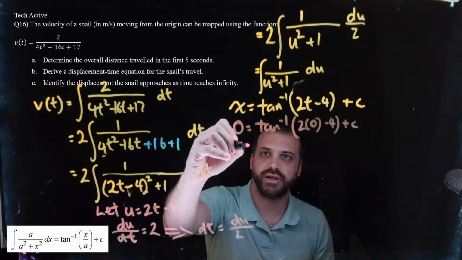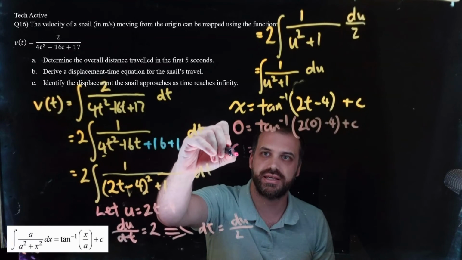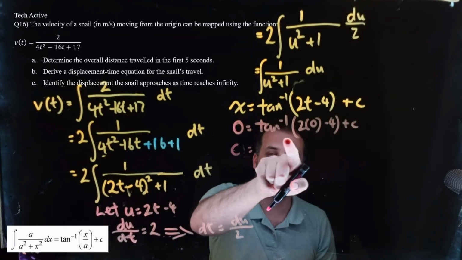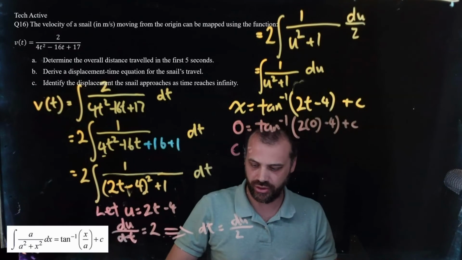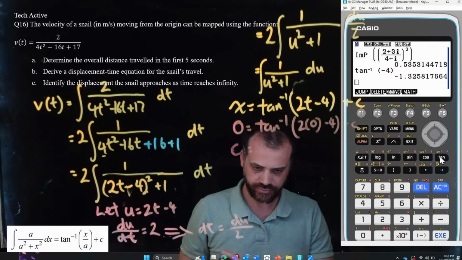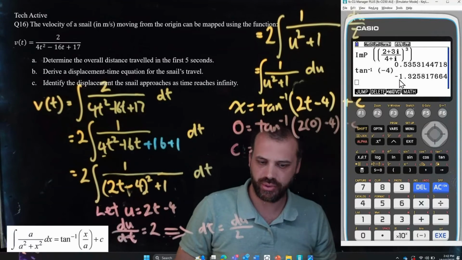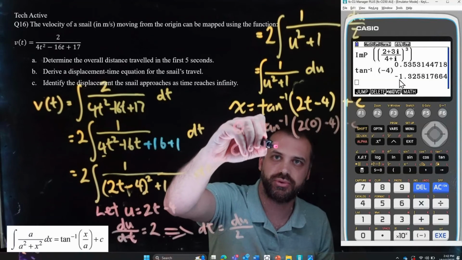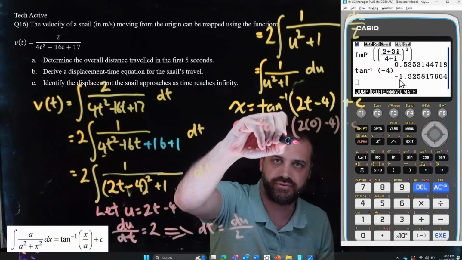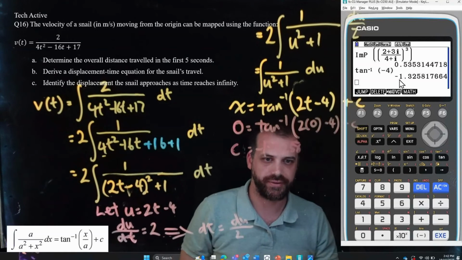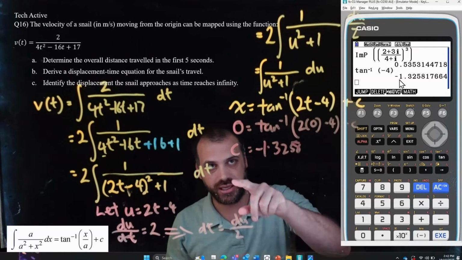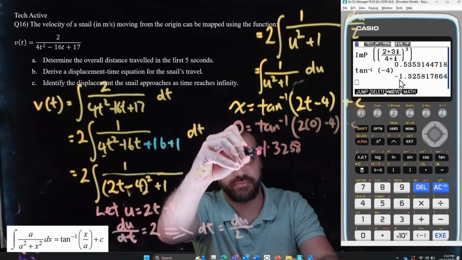This means that c is going to be equal to negative of whatever that is. On my calculator, that is equal to negative 1.3258, so c is equal to negative of that, so positive.